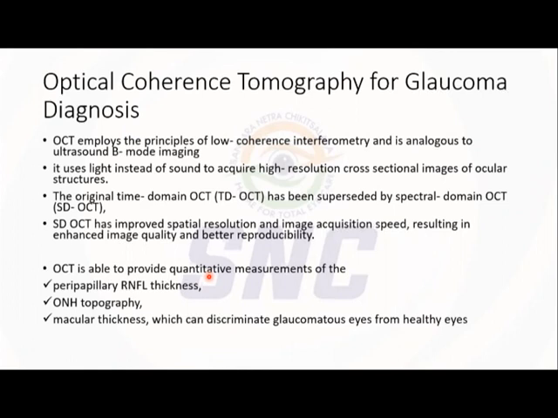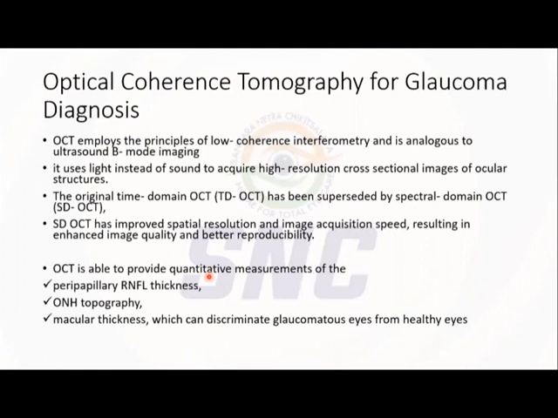OCT employs the principles of low coherence interferometry and is analogous to ultrasound B-mode imaging, but it uses light instead of sound to acquire high resolution cross-sectional images of ocular structures. The original time domain OCT has been superseded by the spectral domain OCT.